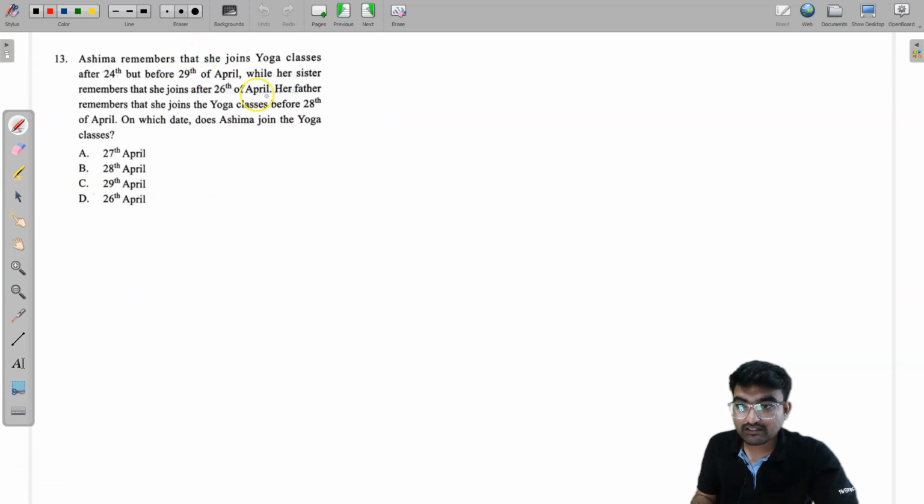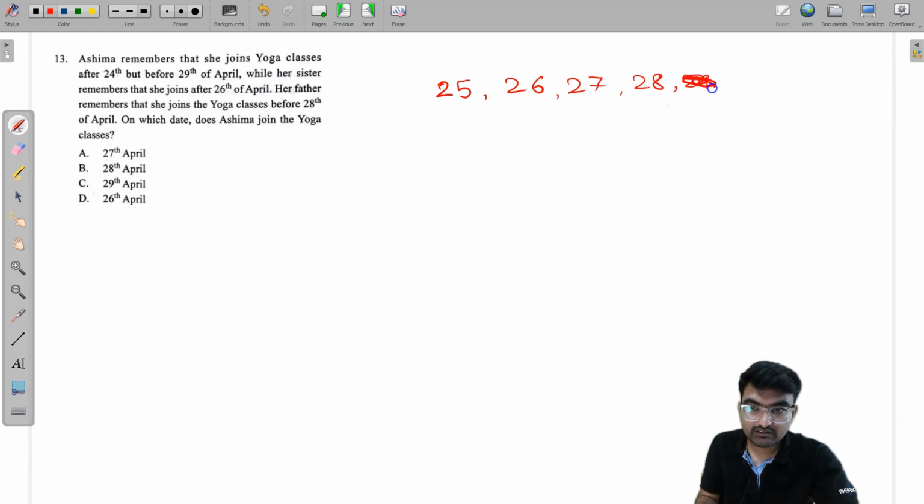Question number 13. Ashma remembers that she joins yoga classes after 24 but before 29th of April. So after 24 means 25, 26, 27, 28 or 29. Not 29, only up to 28. Right?